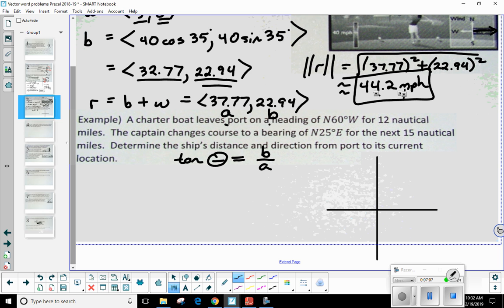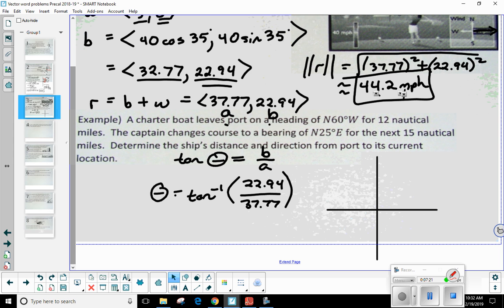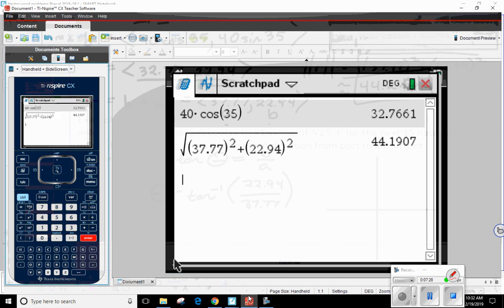So I'm going to skip a few steps here. So theta is going to equal the tangent inverse of that ratio. So b was 22.94 over a 37.77. So let's see what that turns out to be here.